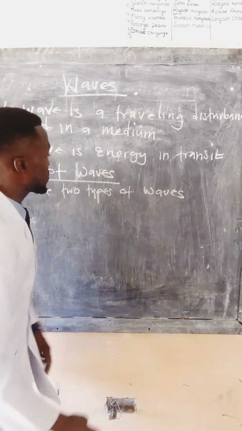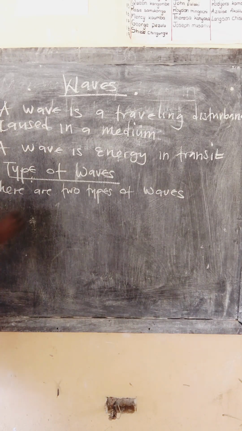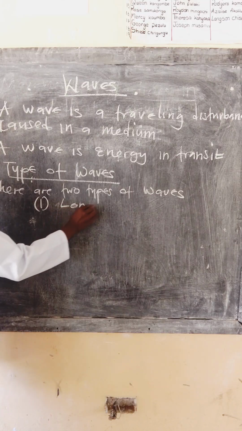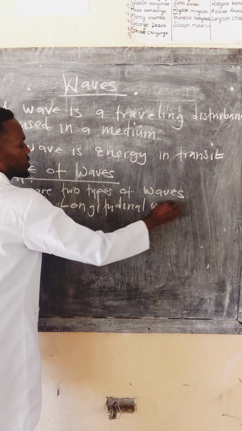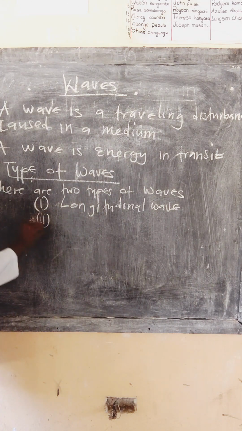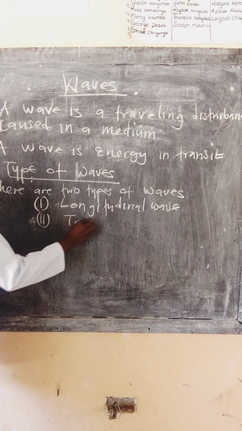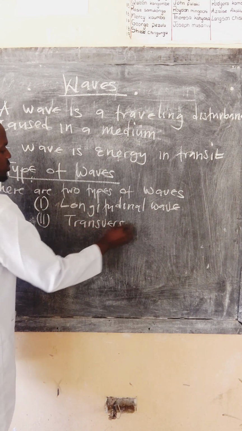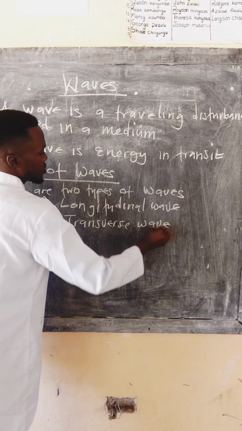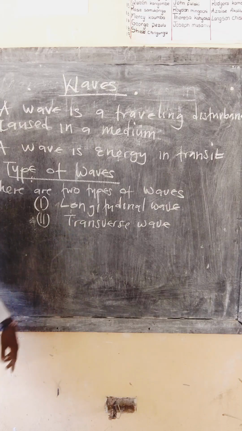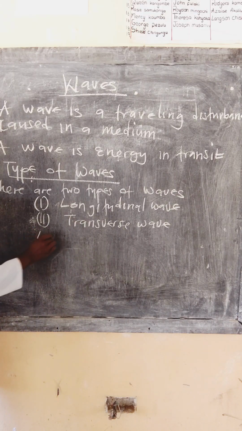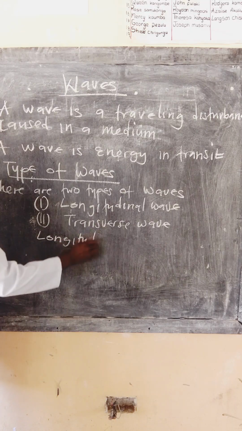Number one, we have the longitudinal wave, and two, we have the transverse wave. So again, what is important is to know the definition of these two types of waves. So we can look at the first one, which is longitudinal.